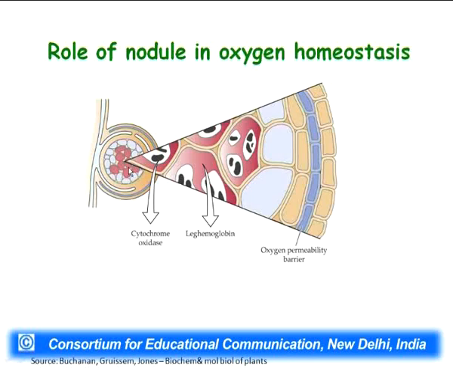This picture is here, this is the root of the plant and this is the nodule. A small part of the nodule is shown enlarged here. If you look carefully, you will see that this is the outer layer, or what you call the epidermal layer.